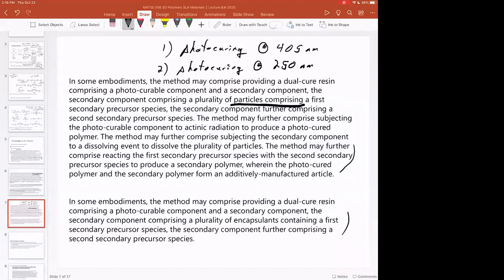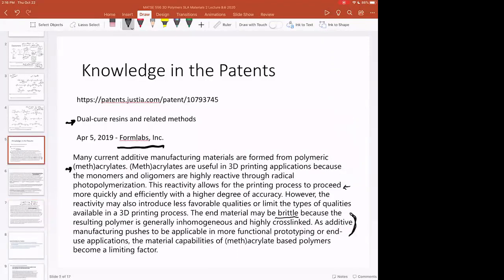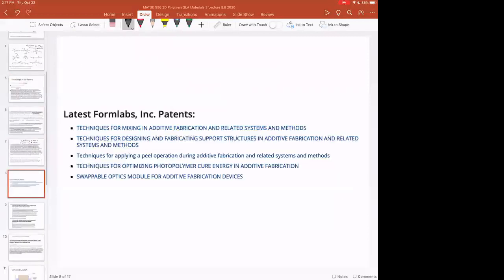So even though this patent application gets pretty esoteric in terms of what they're interested in, there's a lot of knowledge in terms of strategies and design and what the next generation of photoresins might look like. So also, what's nice in some of these patent searches is you can see what else they've patented.